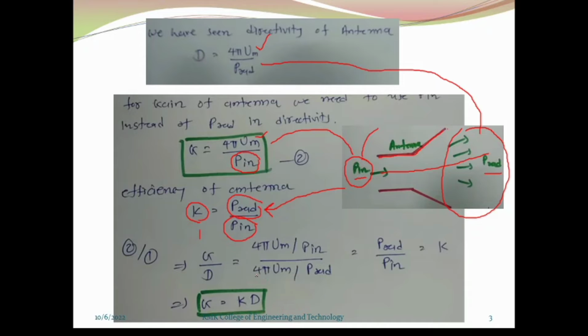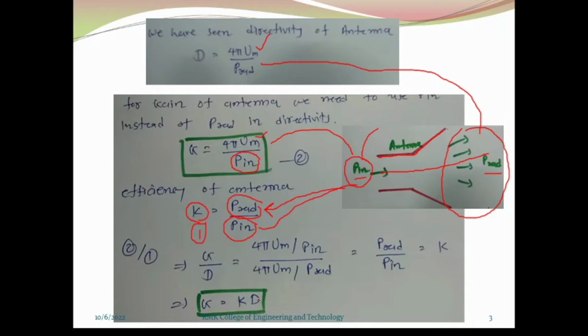So gain becomes directivity when K is equal to 1. K equal to 1 is possible if the entire input power is radiated by the antenna system, that is 100% radiation. When it occurs, we get gain equal to directivity of the antenna system, right?